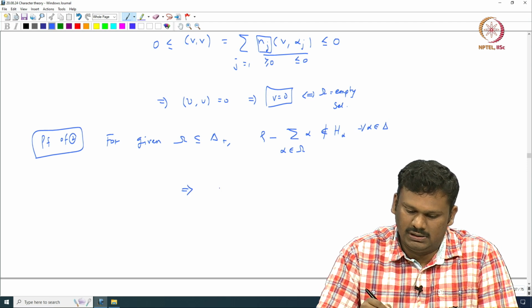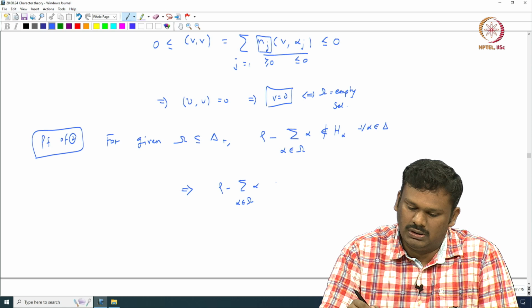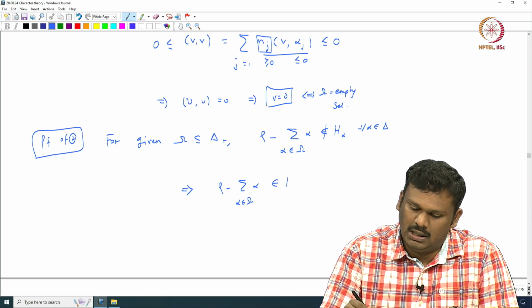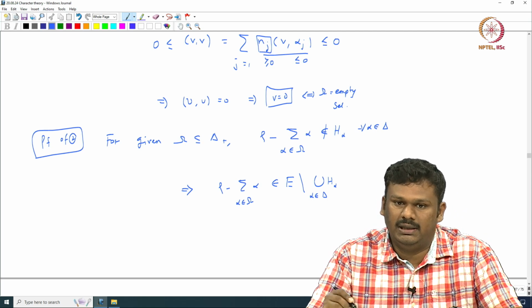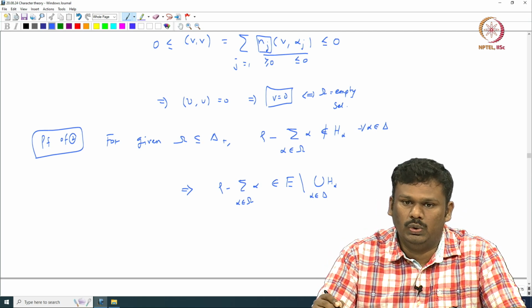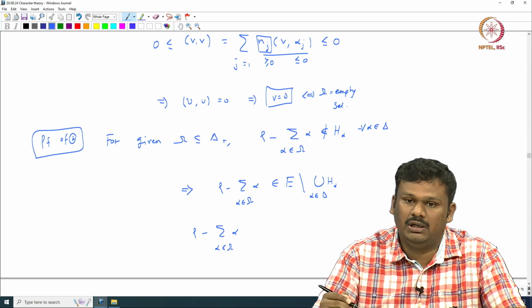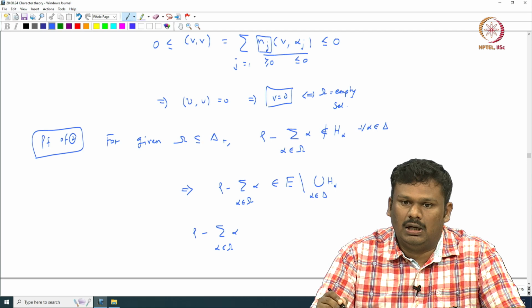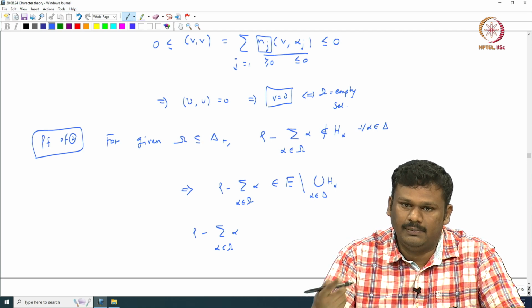So assume that this is not in H alpha for all alpha in delta. Then rho minus summation alpha, alpha in omega, is in the complement of the union of H alpha, alpha in delta, but this complement is written as a union of chambers. In particular, rho minus summation alpha, alpha in omega, must be in one of the chambers. Now, we can use the Weyl group action, because the Weyl group acts simply transitively on the set of Weyl chambers.